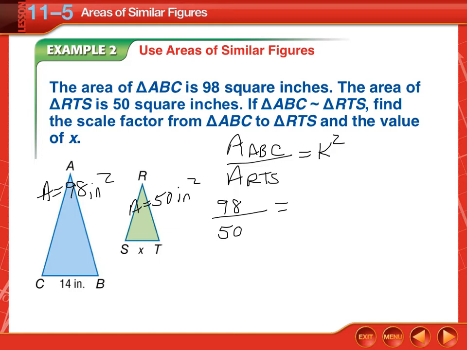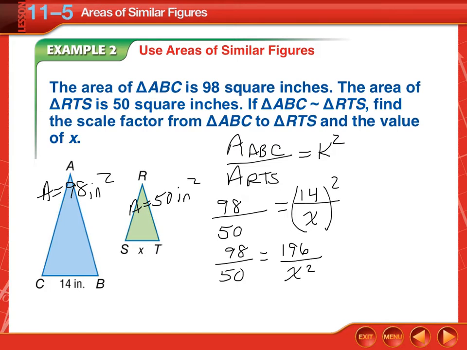So let's substitute in what we know. We know 98 over 50 is the square of the scale factor. And since I put the larger triangle on the top here, I have to put a side over here from the larger triangle, 14, and that corresponds to x squared. And we can say 98 over 50 equals, if we square 14, we get 196, and square x, we get x squared.